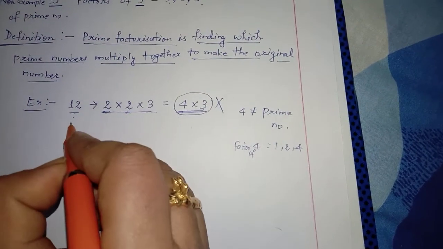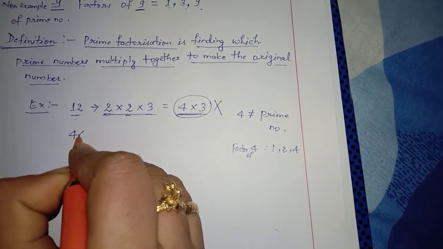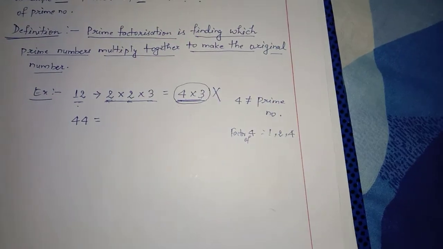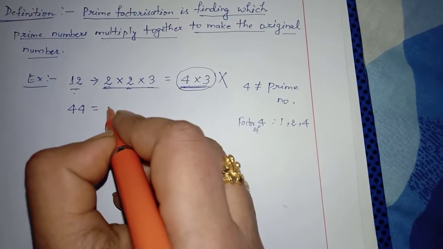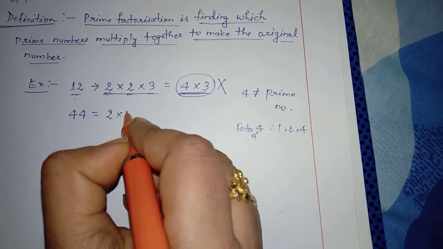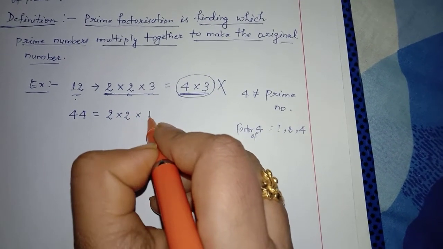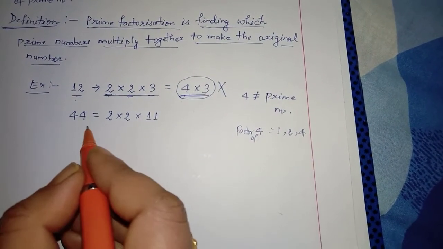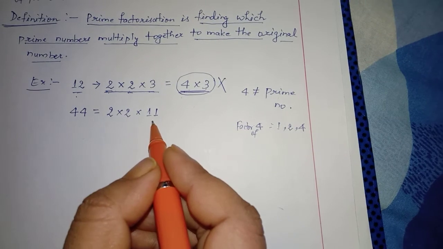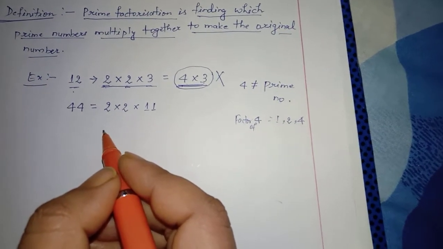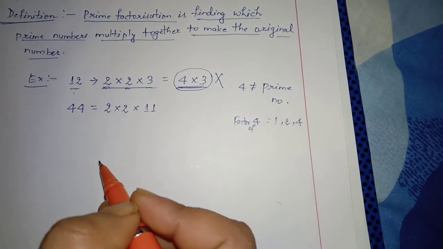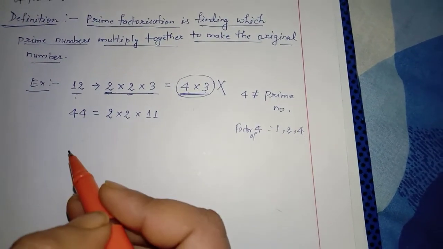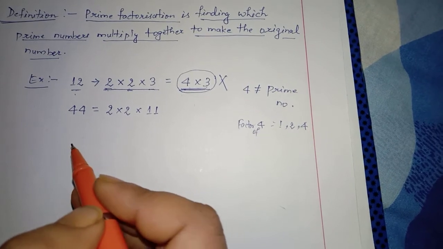Suppose I have taken 44. The prime factorization of 44 should be 2 into 2 into 11, and easily we have written it. But what about big numbers? What will we do for the prime factorization of a large number?